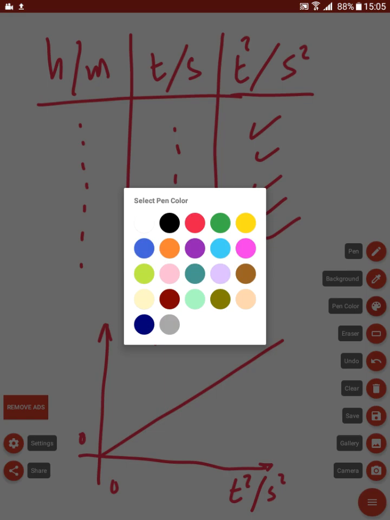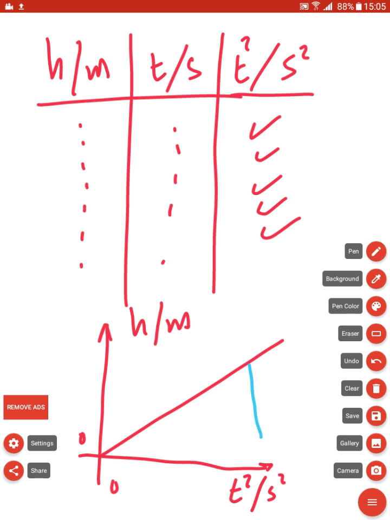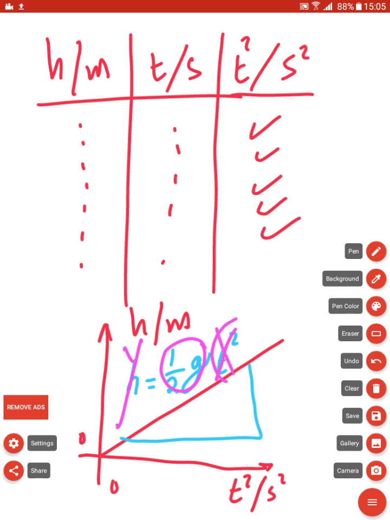The gradient of this line is very important. What is the gradient of this line? We know that h equals half multiplied by the acceleration of free fall times t squared. This equation is the same as y equals mx because we put the time squared on the x-axis.